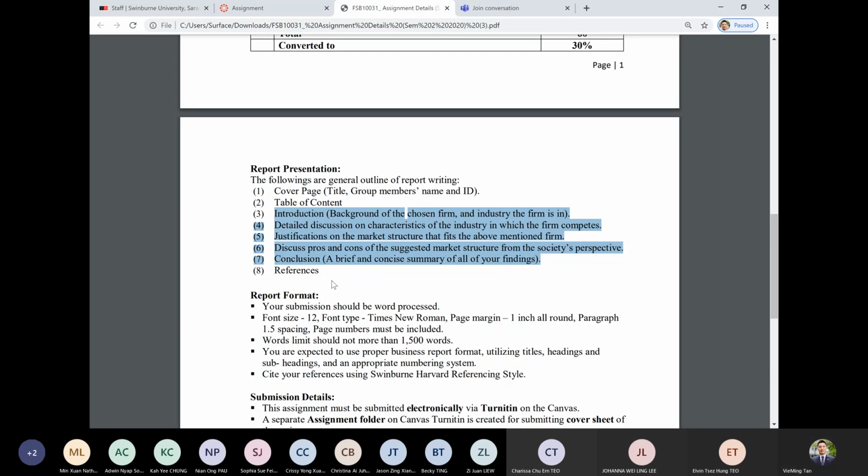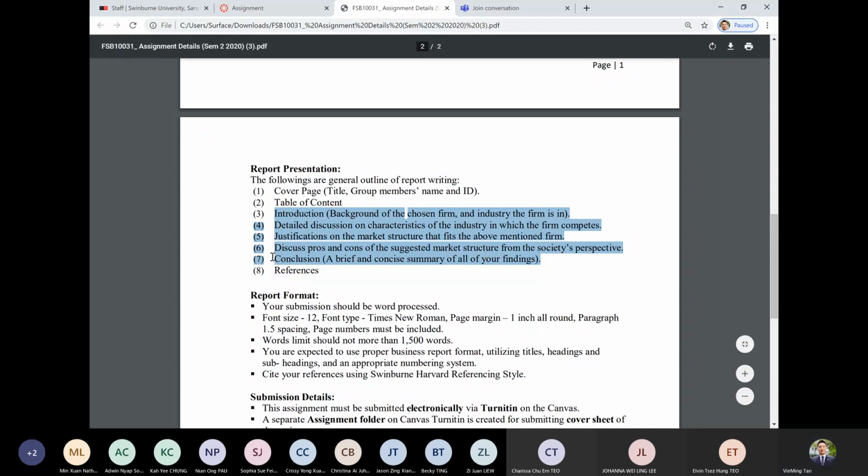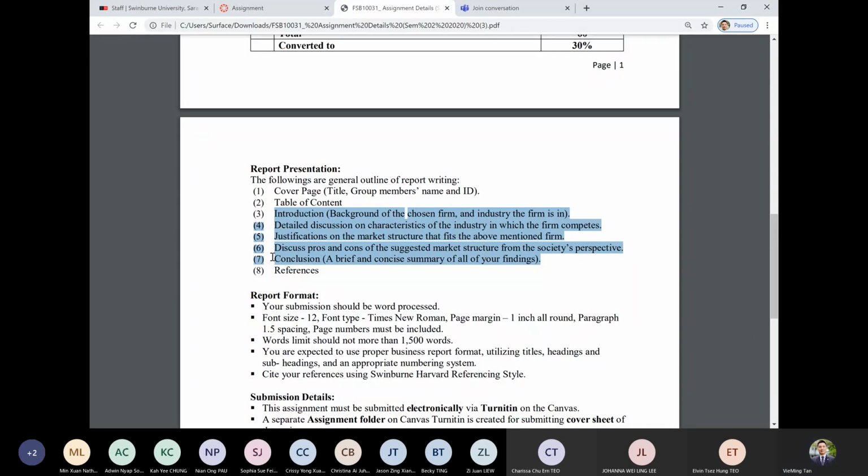Cover page, it's better to put one so that I know who your team members are. Any other question on the assignment? Alvin, yes?